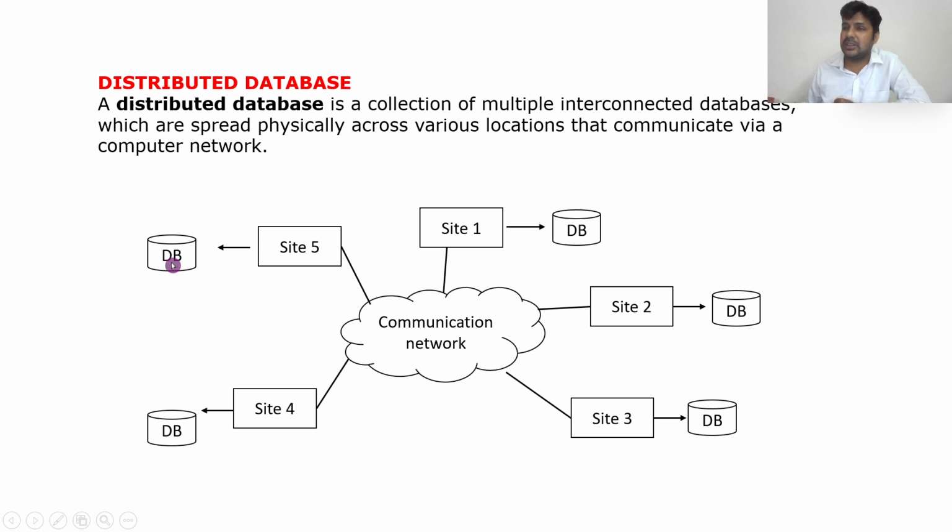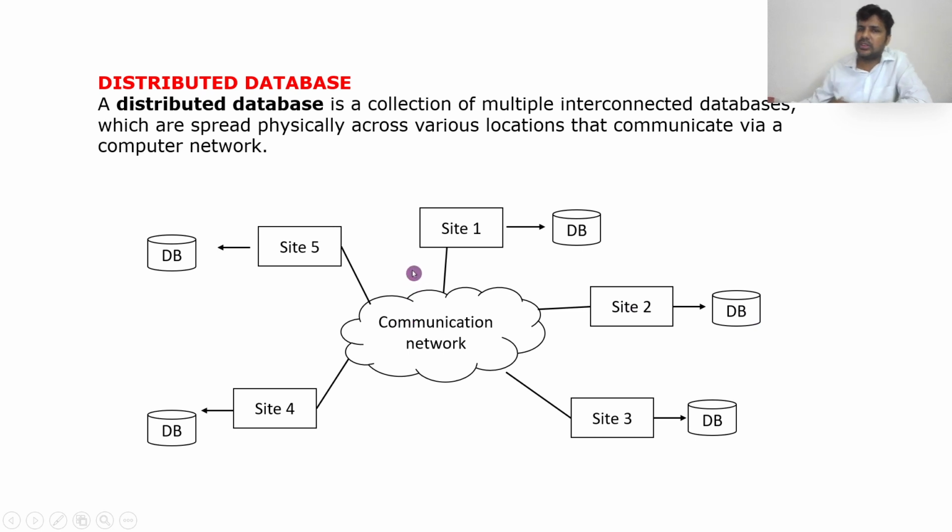The second thing is easy accessing. If I make a request to site 2, it will not go and check the database located near site 1; instead it has its own local server. So it will check in the local server, and the communication will be fast.